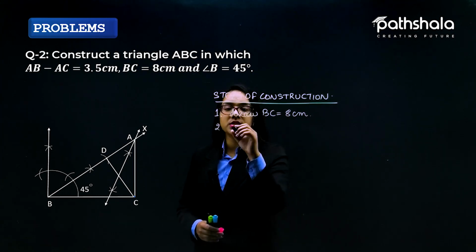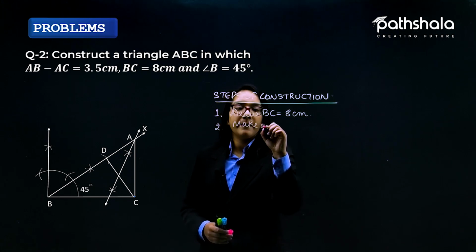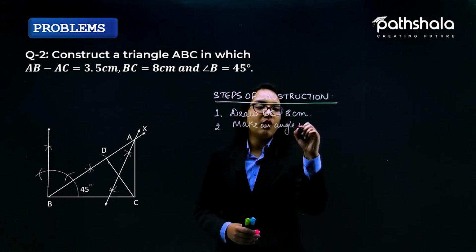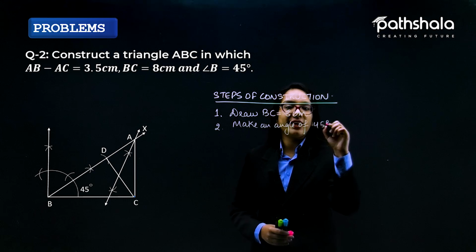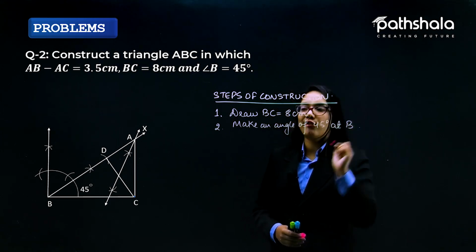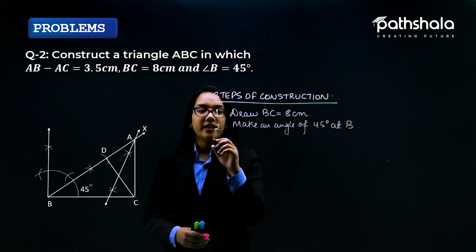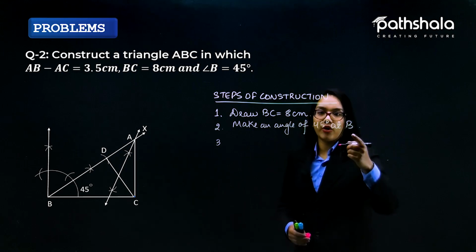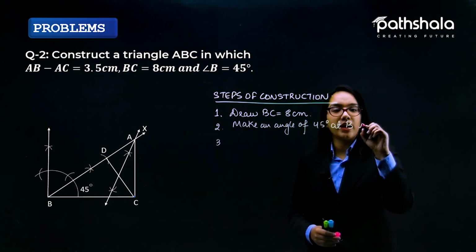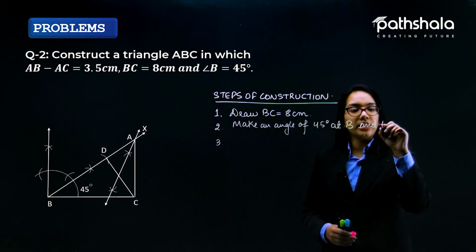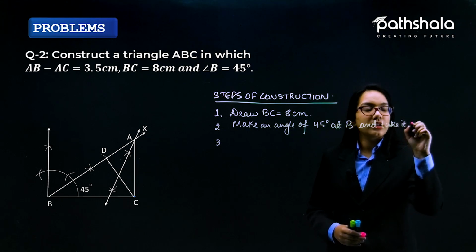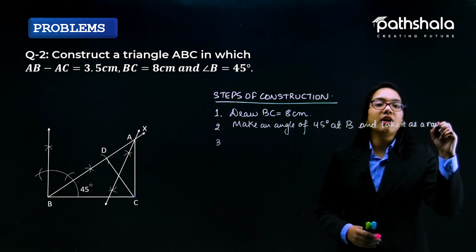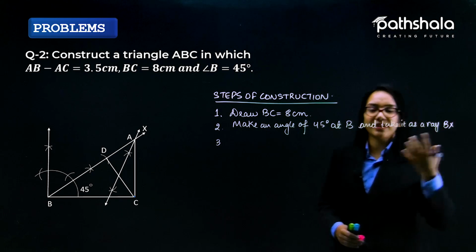The second one is make an angle of 45 degree at B, and take it as a ray BX, or denote it as a ray BX.